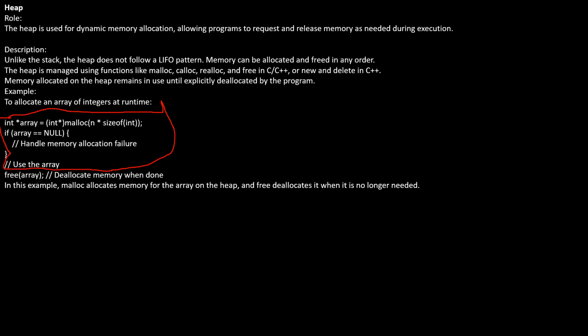In this example, malloc allocates memory for the array on the heap, and free deallocates it when it is no longer needed.